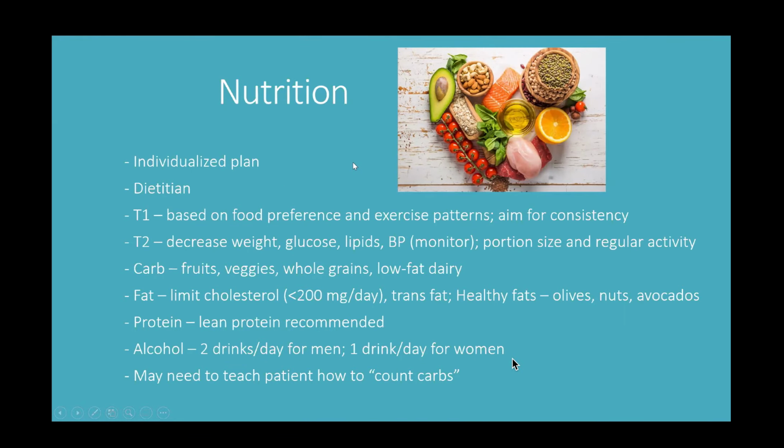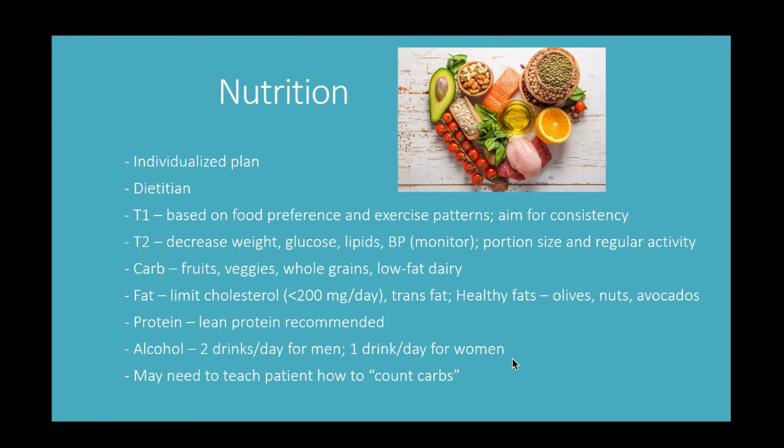So with type 1 and type 2, there are some nutrition things that we need to consider. Specifically with type 1, there's not a problem with them overeating. There's not a problem with them inappropriately eating for the most part. And there is no food that a patient with type 1 diabetes can't have.